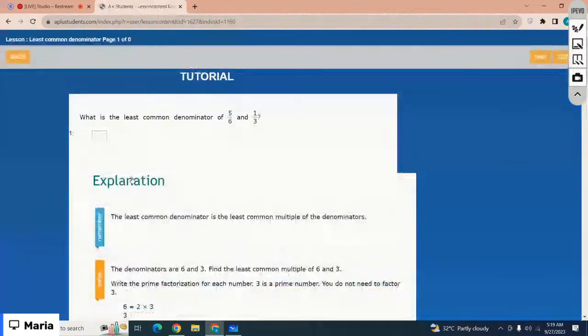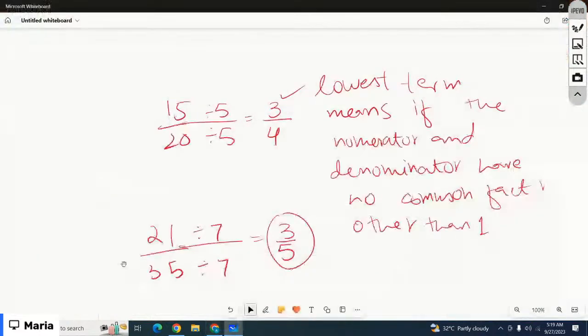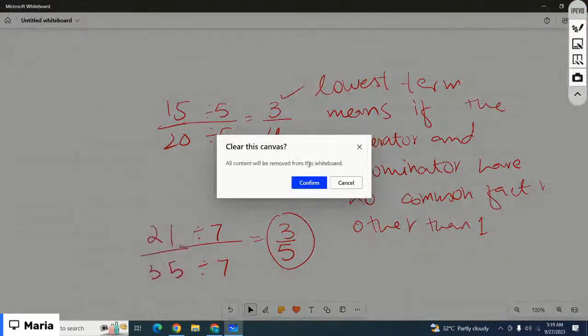Least common denominator. What is the least common denominator?